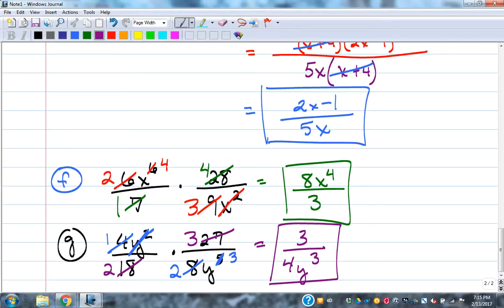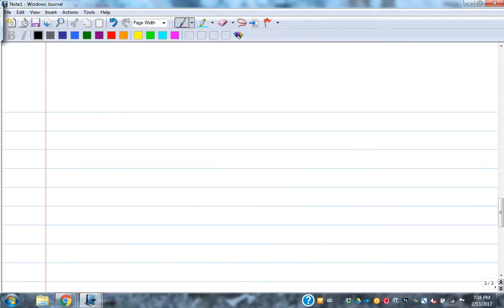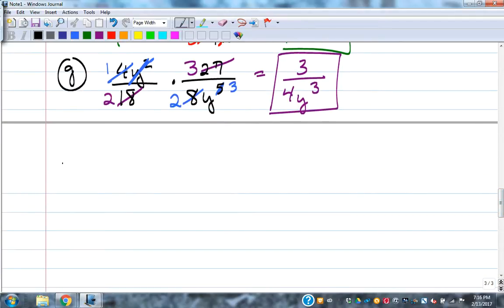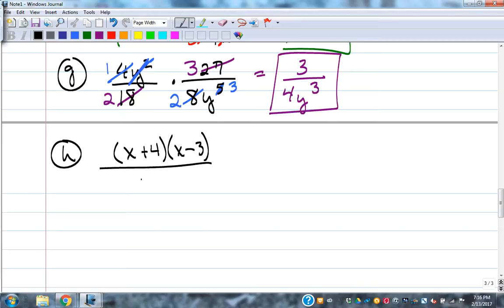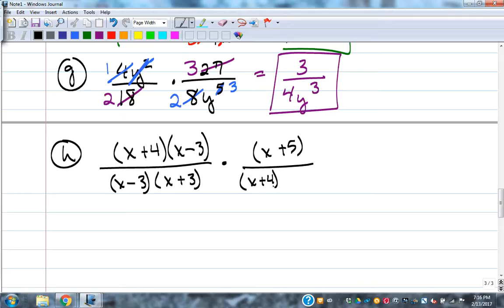Not too bad. I think these are harder than the ones where we're factoring. We're about to do those. These are harder because there's more pieces to look at. The factored versions like this, I'll scroll up so you can still see that one, where maybe you've got x plus 4, x minus 3 in the top over x minus 3, x plus 3, times another one that's got x plus 5 in the top and x plus 4, x minus 1 in the bottom.